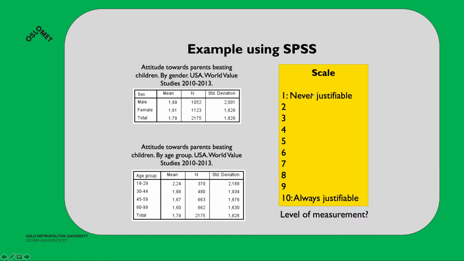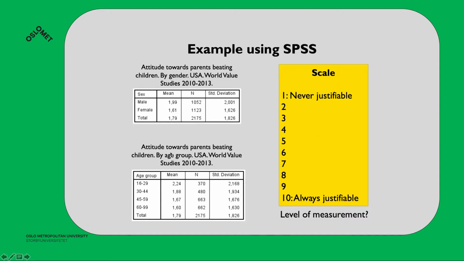The scale is going from 1 never justifiable to 10 always justifiable. So both male and female are close to never justifiable, but males find it a bit more justifiable than female. And we're going to test whether this difference between males and females is significant, and whether we can generalize that to the population in the US, which is people in the US in this example.